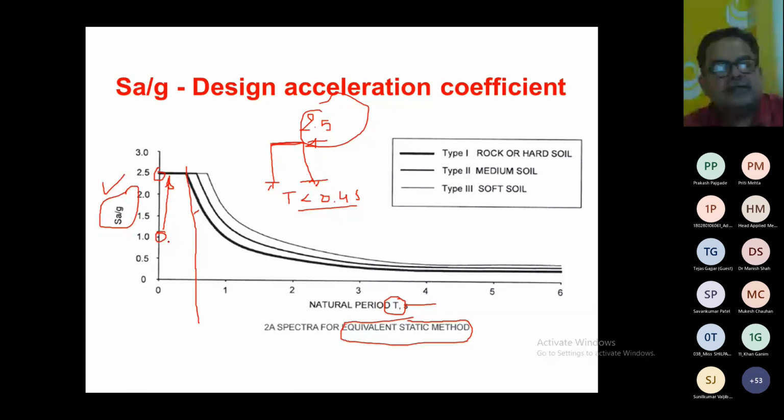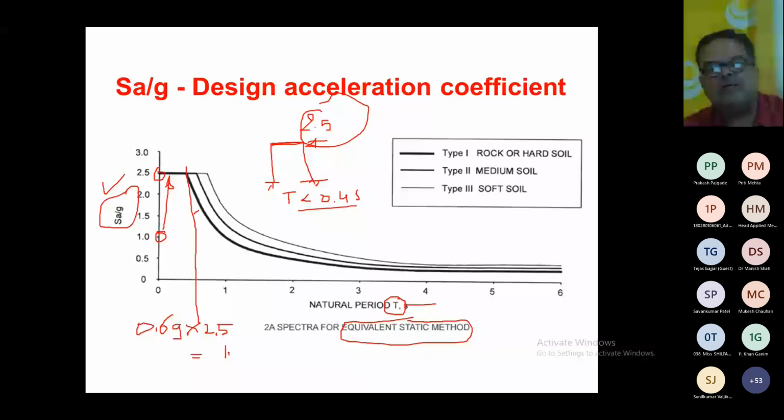So 0.6 g was the peak ground acceleration, the acceleration observed, multiplied by 2.5, right? If a building falls in a category having the natural period less than 0.4 second, right? So how much force is acting on your structure?